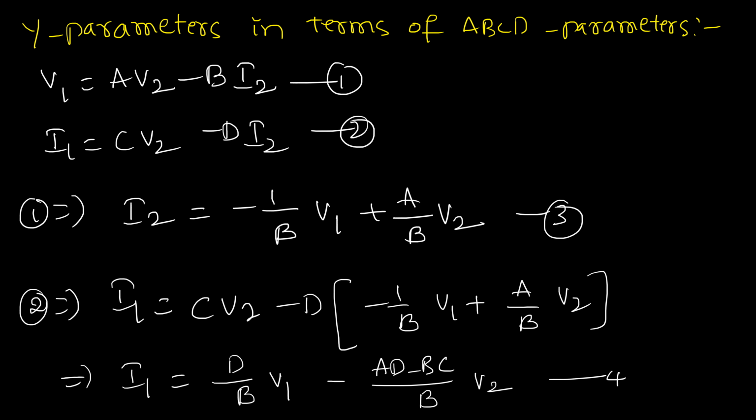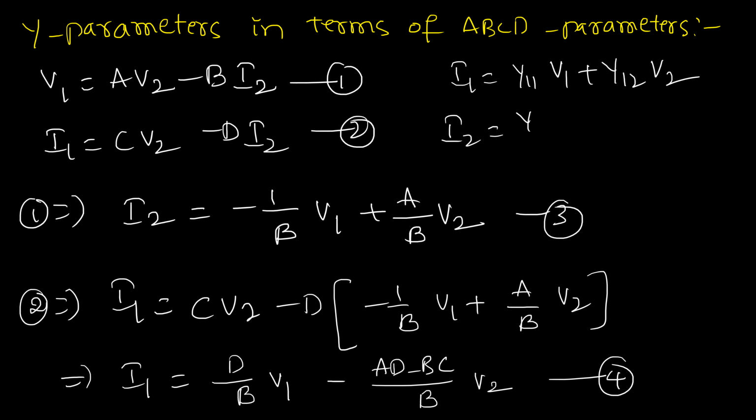Call it equation 4. Now, we all know the standard equations for the Y parameters: I1 equal to Y11 into V1 plus Y12 into V2, I2 equal to Y21 V1 plus Y22 into V2. Compare these two equations with 3 and 4. There we can get all the Y parameter expressions in terms of ABCD parameters.